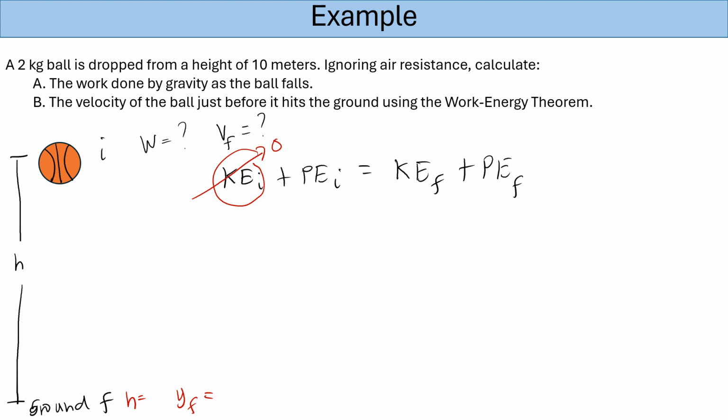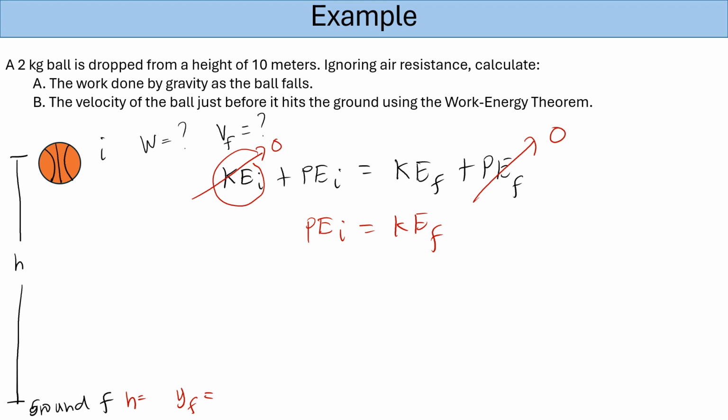That is based on my reference point. So I will have here that the PE final will be 0. So I will be left with PE initial is equal to KE final. I will expand this one.